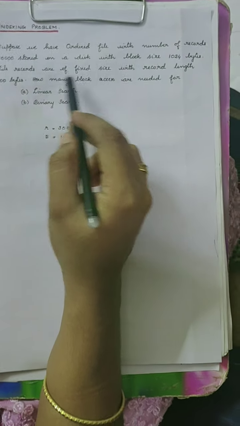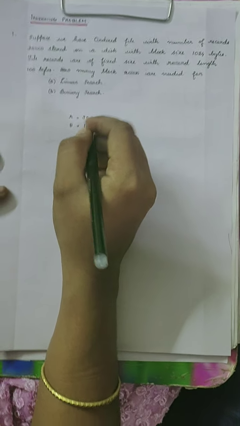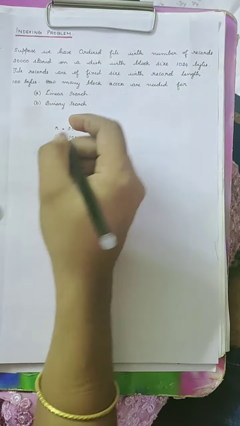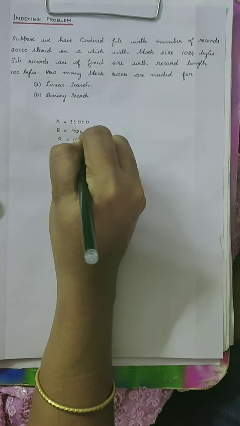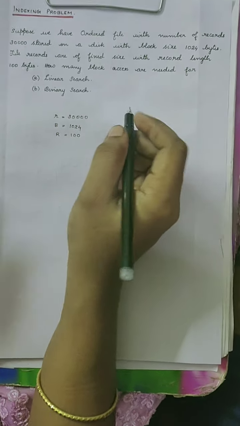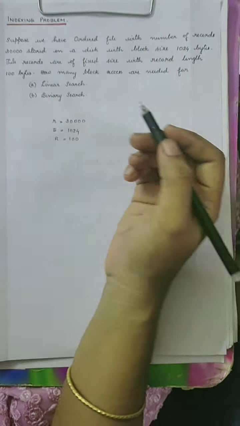Now the file records are of fixed size with the record length 100 bytes. Record length, capital R, is equal to 100 bytes. Our question is how many block accesses are needed for linear search and binary search.